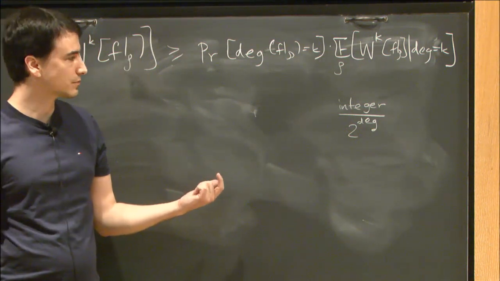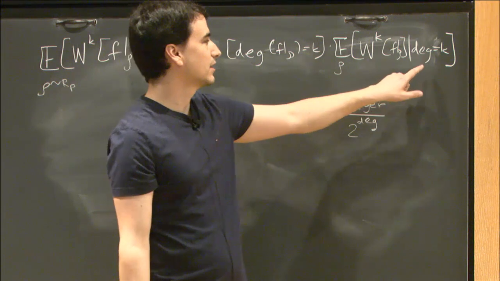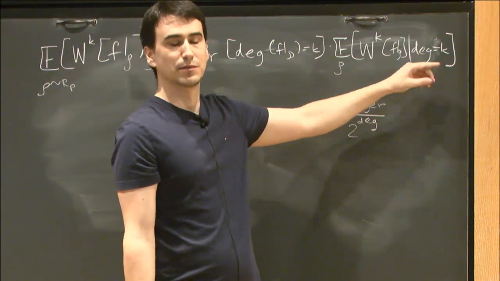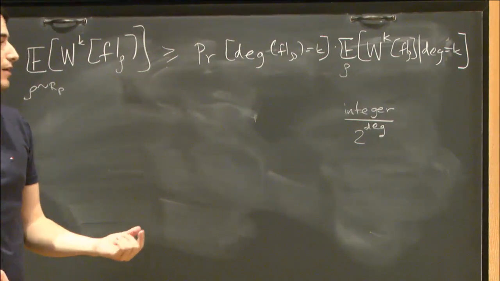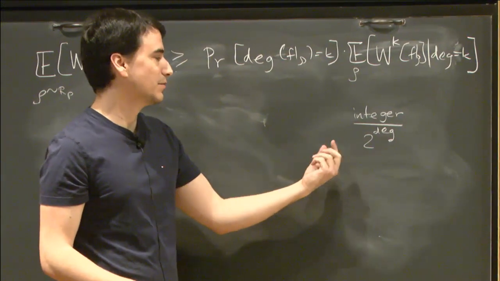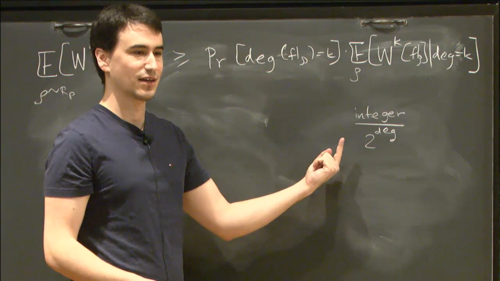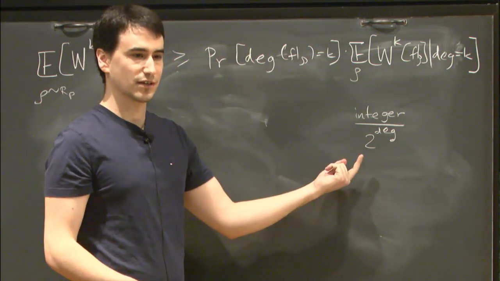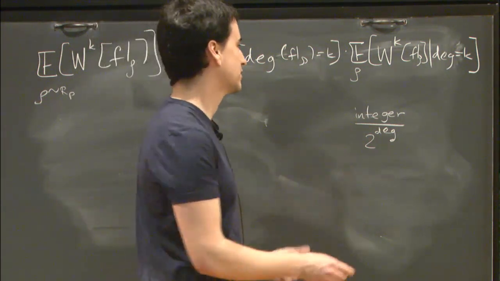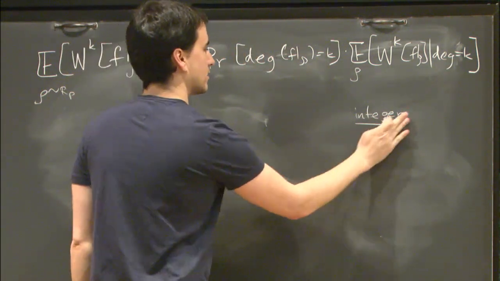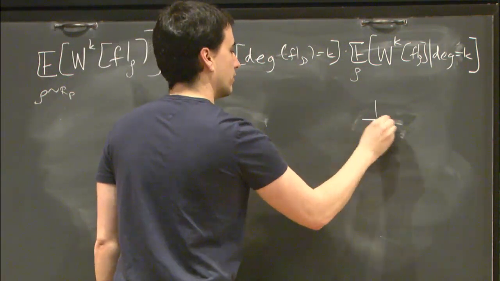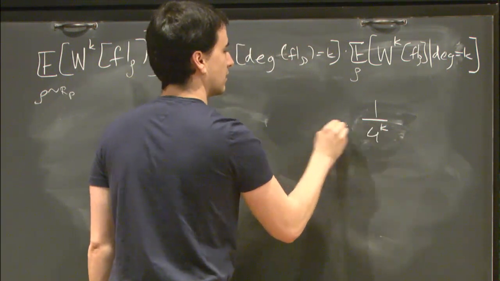So what does this mean? If we know that the degree equals K, there exists some non-zero coefficient of degree K. However, the minimal value it could attain is 1 over 2 to the K. So the square is at least 1 over 4 to the K.